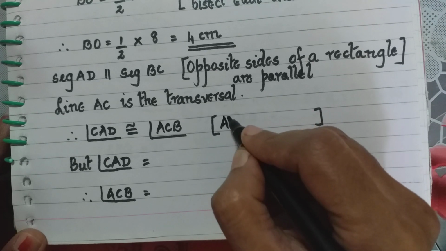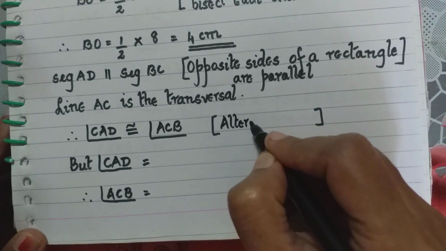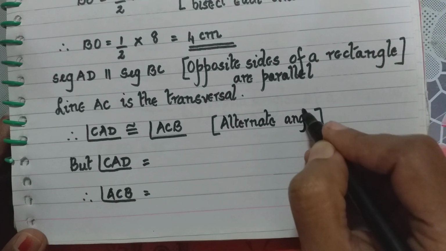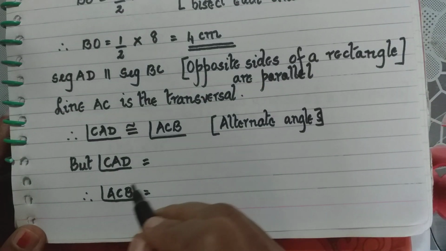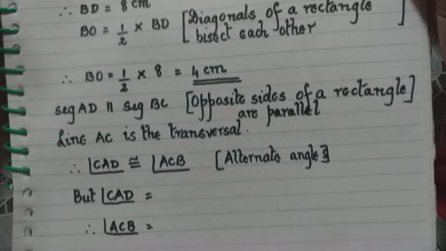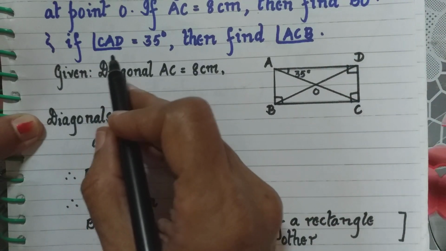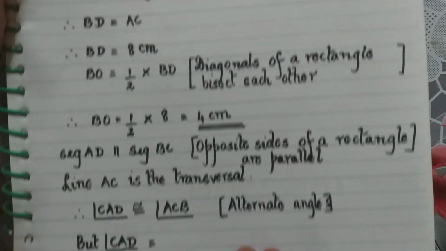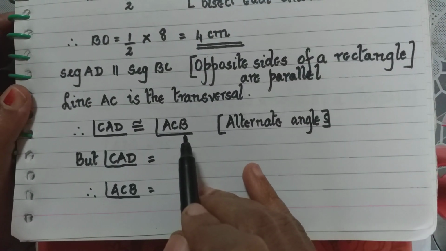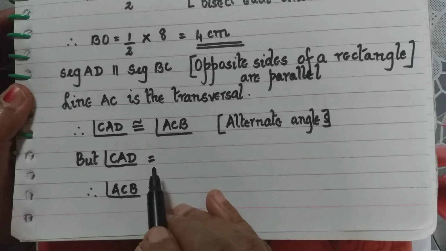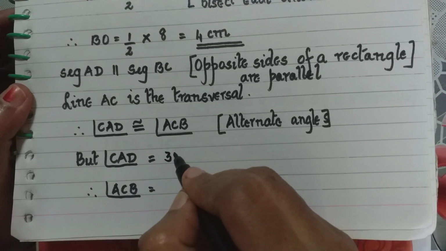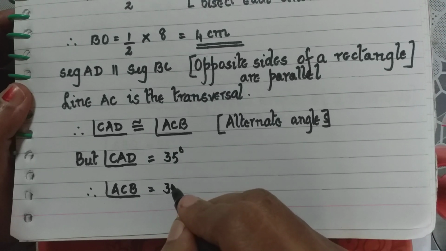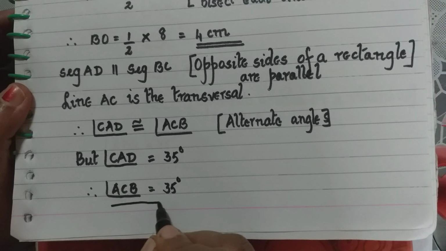Therefore, they are alternate angles. Now, already they had given us that angle CAD is 35 degrees, and you have to find angle ACB. And we have said angle CAD is congruent to angle ACB. So, if angle CAD is 35 degrees, therefore angle ACB also will be 35 degrees.